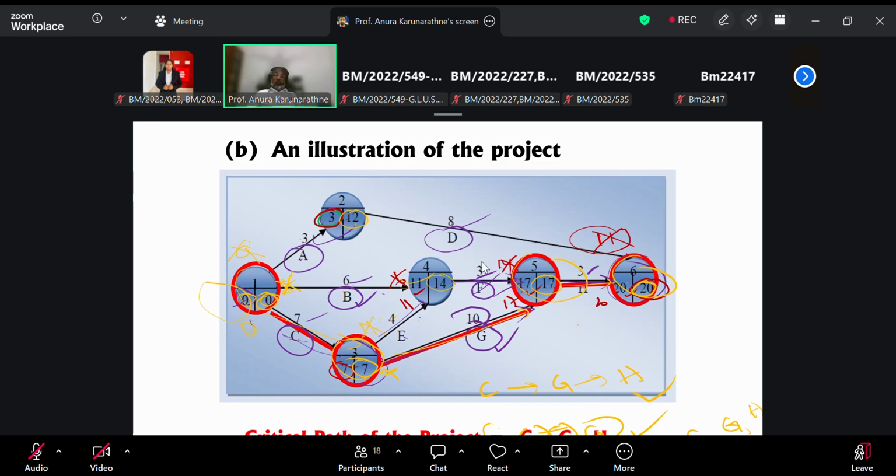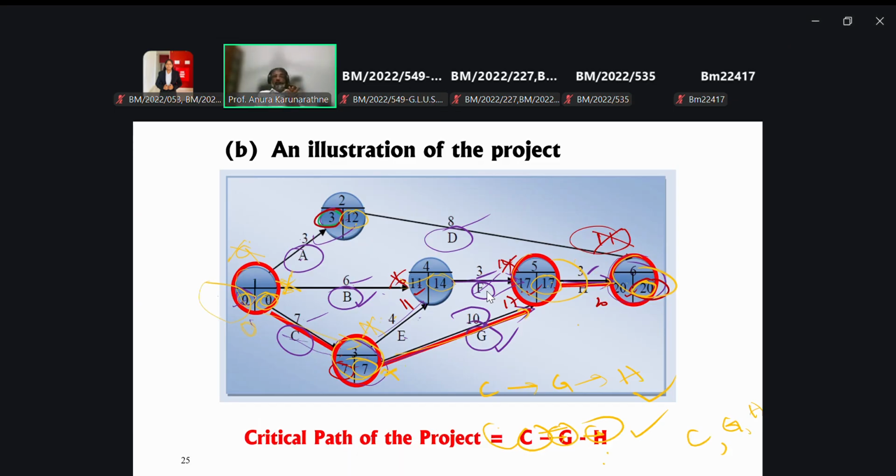Right, here, what is the new thing behind this PERT when comparing with the critical path method, CPM? Here only one change.